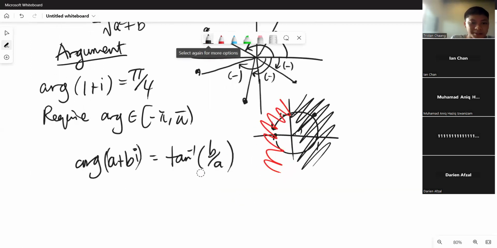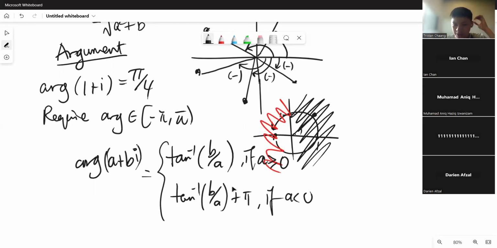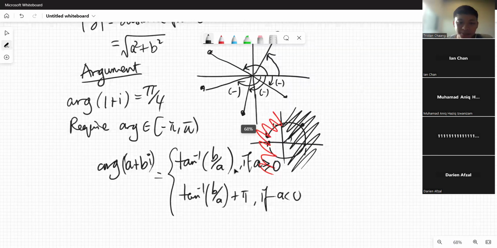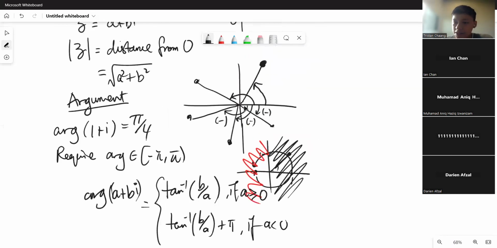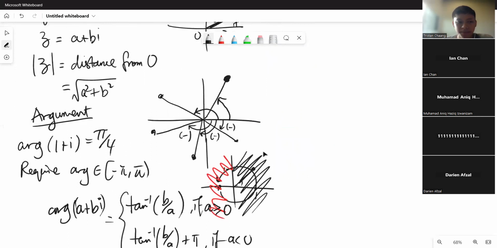If you want to write it really specifically, it should be either tangent inverse of b over a, if a is more than 0, or tangent inverse of b over a plus pi, if a is less than 0. Something like that, if you want to be precise. But the geometric interpretation is much better, the geometric way of defining it.